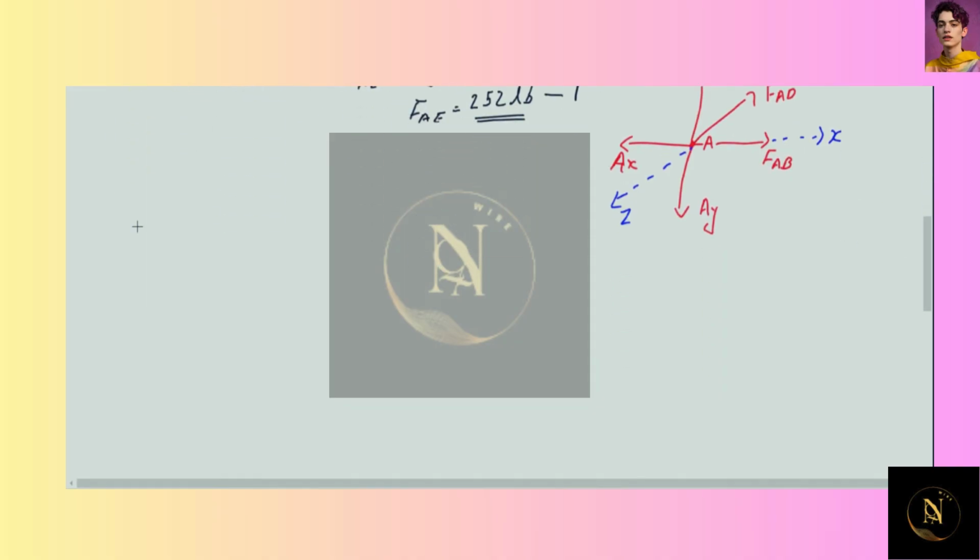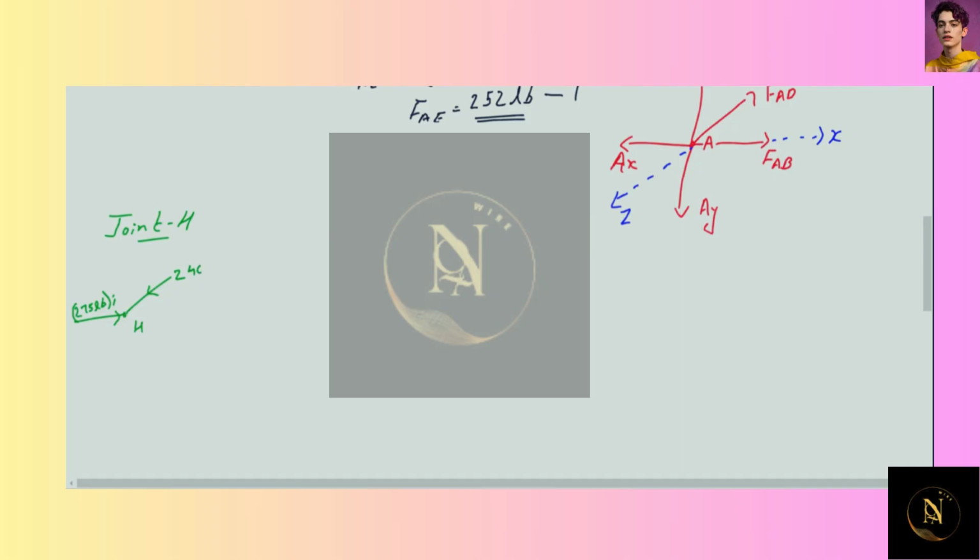Let's take joint H. So for joint H, if this is joint H, there will be a 275 lb, and this is around I component. Let's directly give the values.